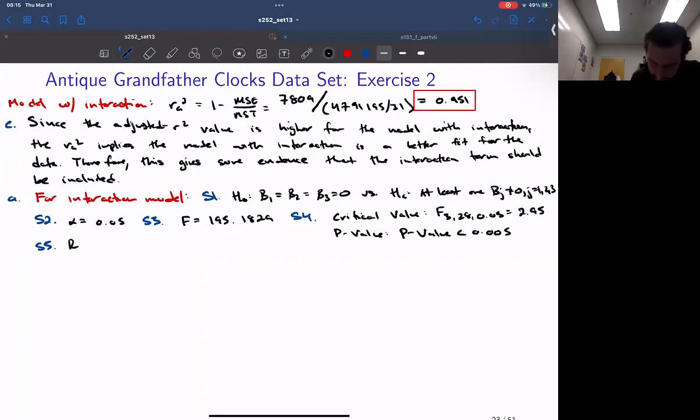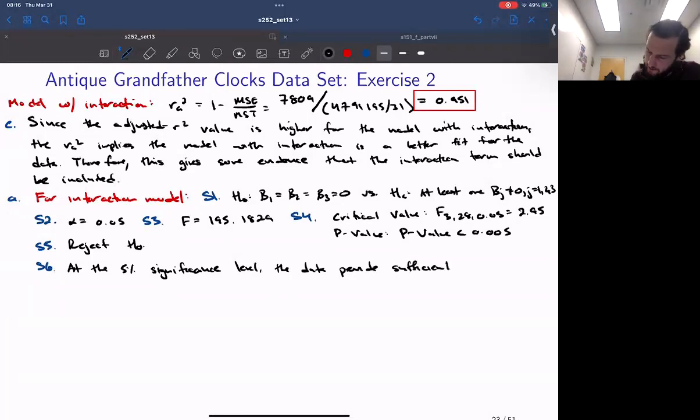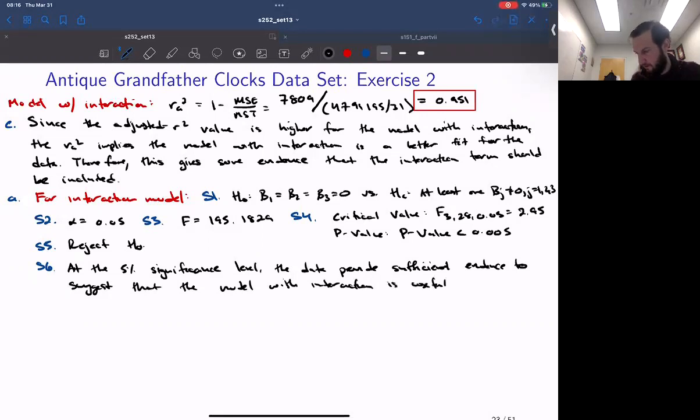On step 5, I would say reject H0. On step 6, I would say at the 5% significance level, the data provide sufficient evidence to suggest that the model with interaction is useful.